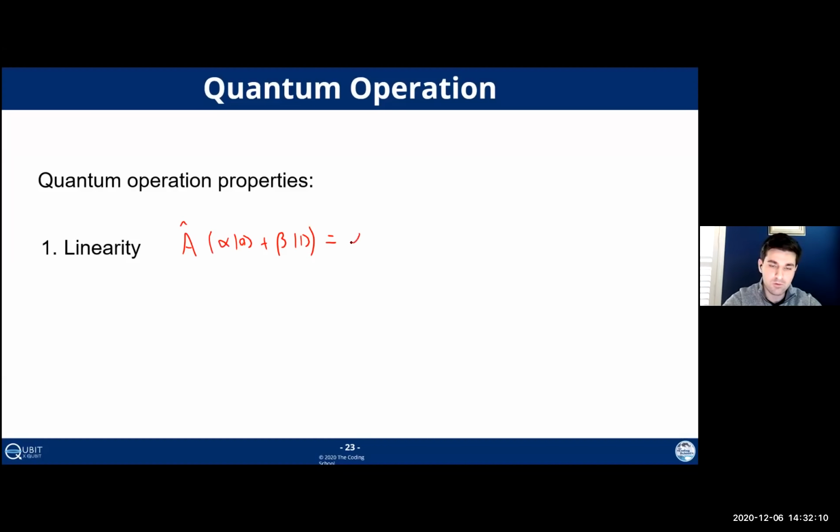That looks like alpha times A applied to the 0 state plus beta times A applied to the 1 state.